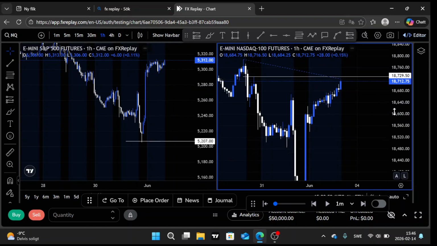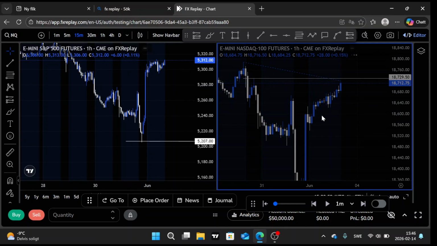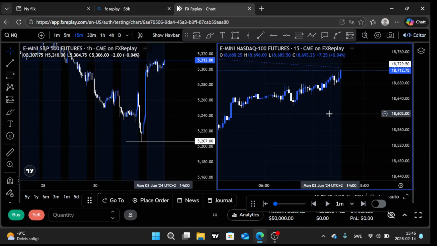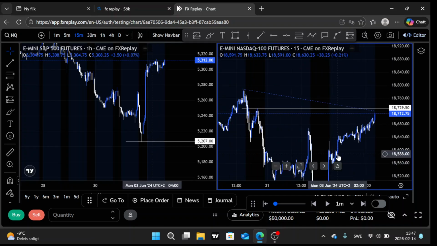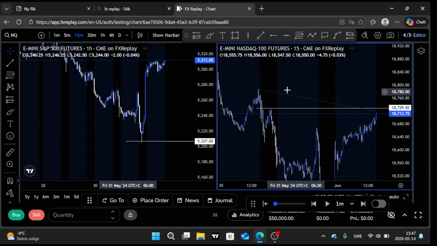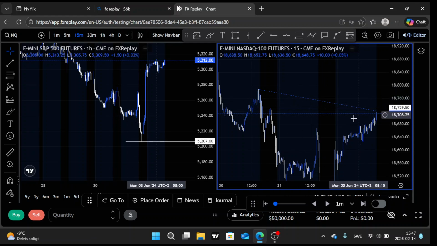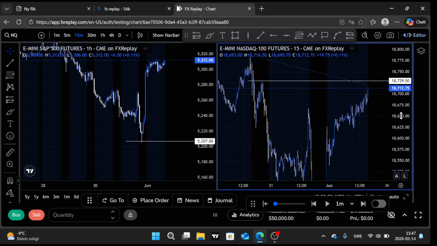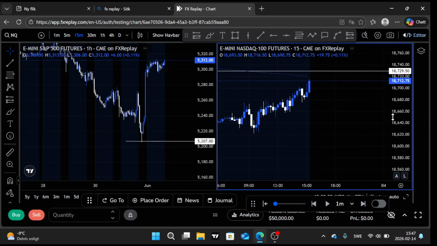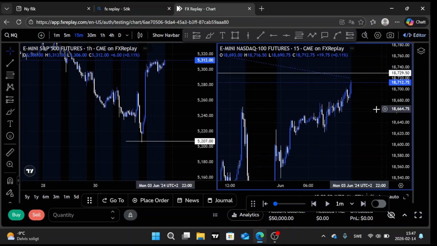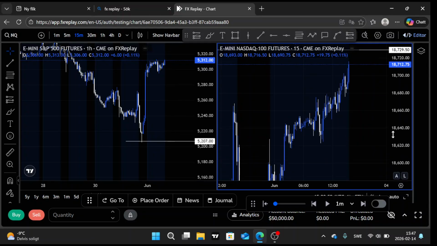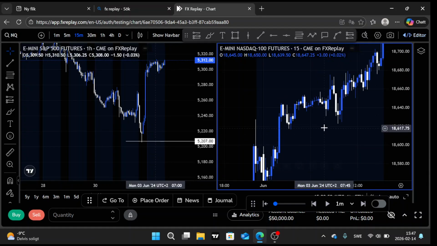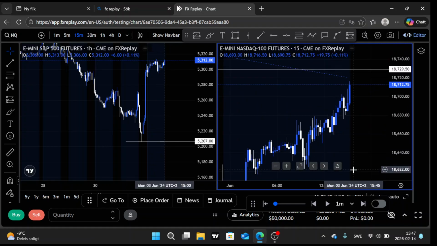So I would like to go on the 15 minutes. On the 15 minutes, exactly, SMT, buy side still not taken, and we have choppy price action to the upside.